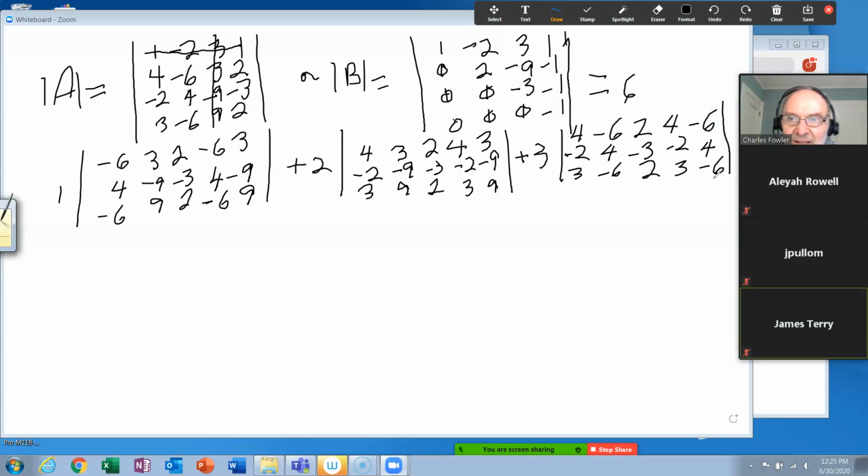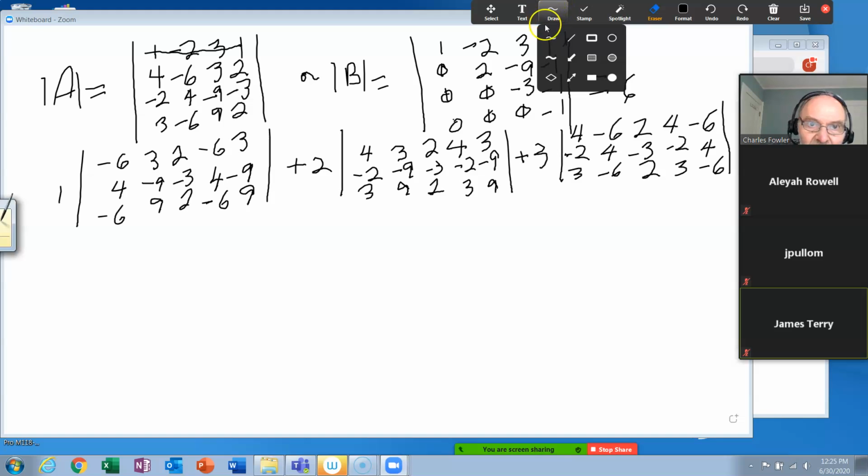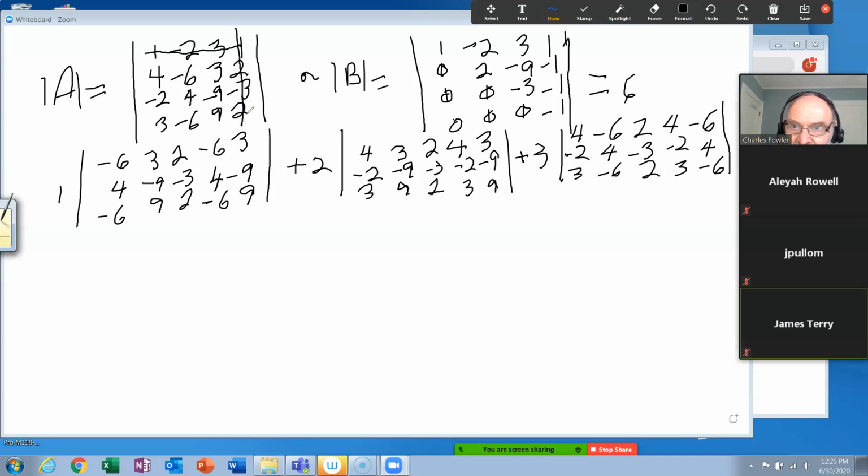Okay, one last one. Now I've got to go back up here and get my eraser to activate again. Let's see if I can get this one to erase this time. There, it did. With my draw pen here, I'll wipe out the last one. Was that a 1? Yeah.